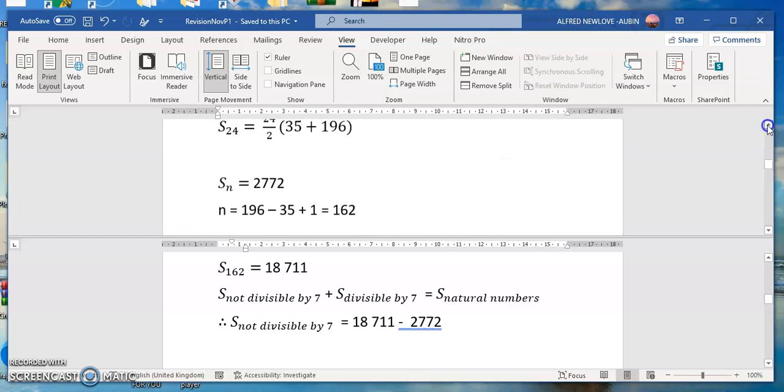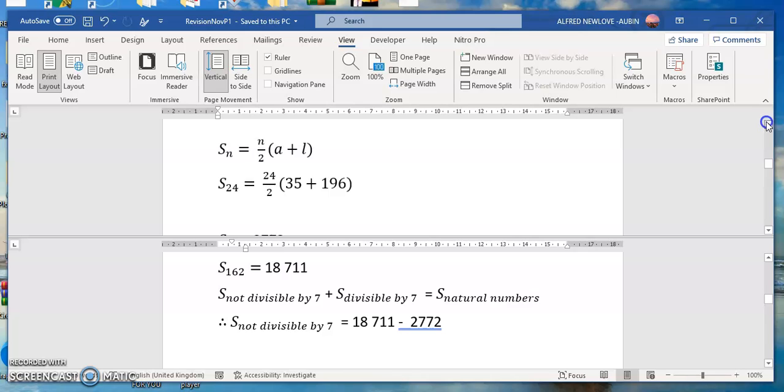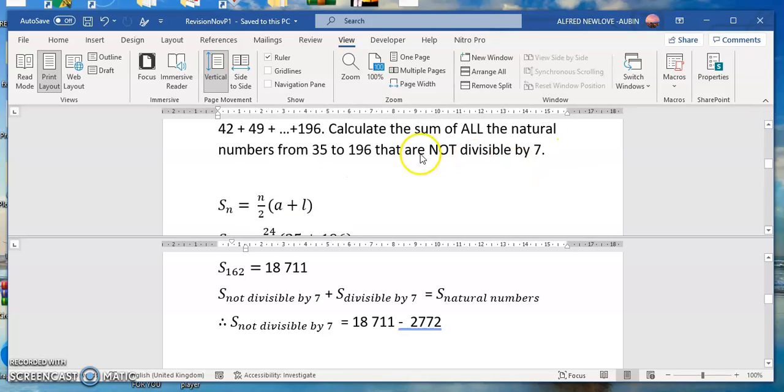The sum of natural numbers that are divisible by 7. That is what we found here to be 2772. Alright, these are natural numbers that are divisible by what? 7.